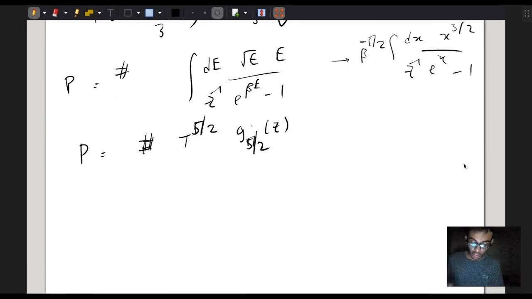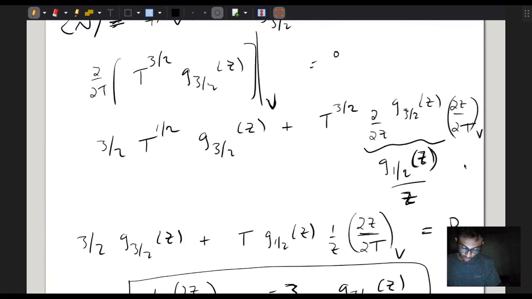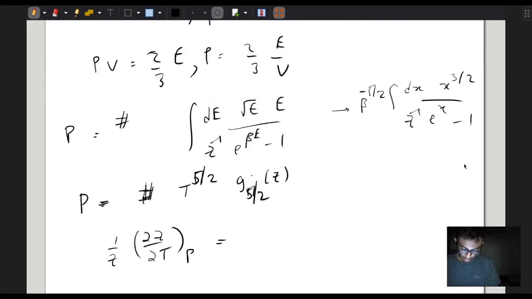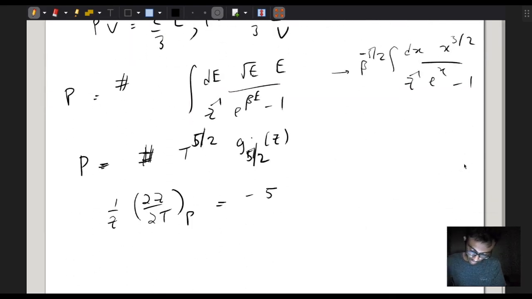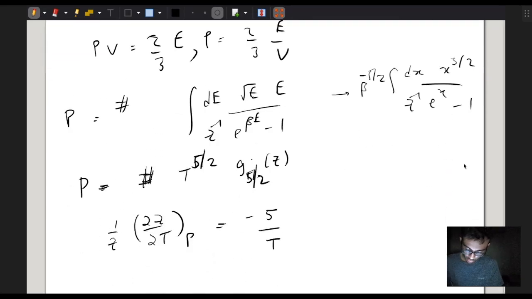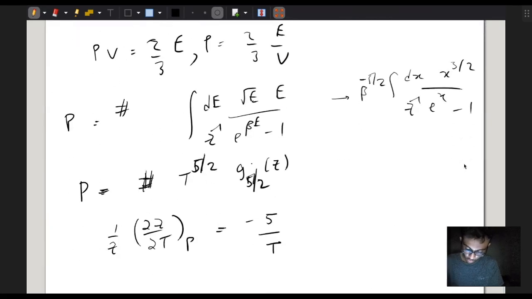Now we can take the derivative keeping pressure constant, and doing a similar calculation, we can see that 1 by z dou z by dou T at constant pressure is going to be minus 5 by 3, or 5 by 2. Let's come to that in a moment. But this is going to be g 5 by 2 of z.